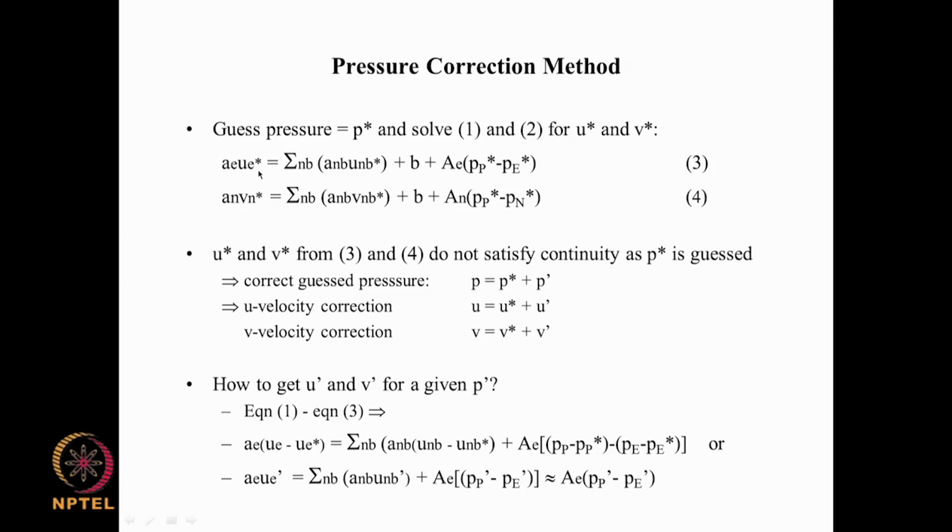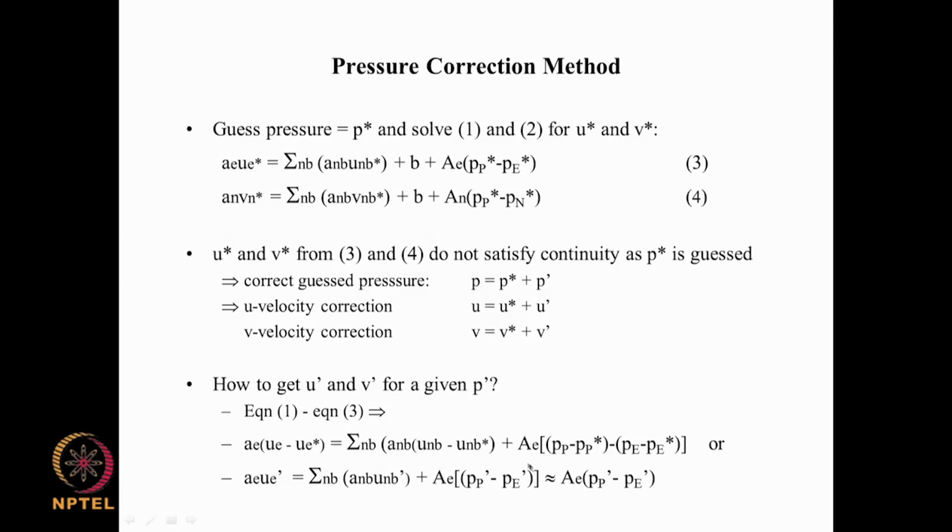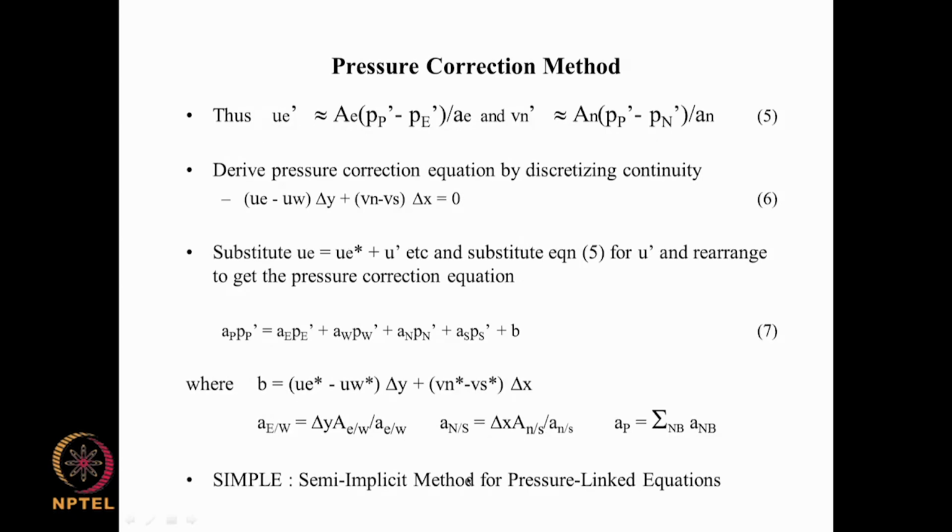So here it is implicit, but the pressure part is not being evaluated implicitly at this stage, and if you come to the pressure correction equation, this is the true pressure correction equation, but in this we are neglecting the contribution from these, and then we are just directly putting this one here. So this implicitness of the evaluation of the velocity correction is not being considered, therefore this is only a semi-implicit method. So this is a semi-implicit method for pressure linked equations.